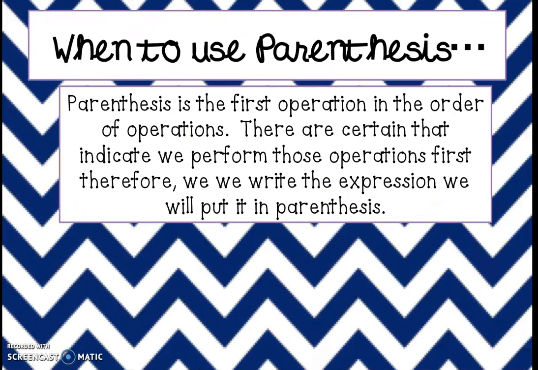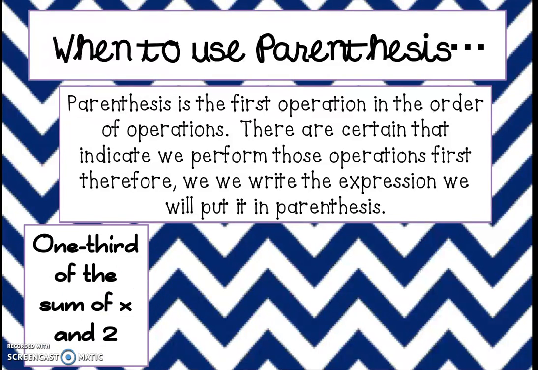Okay. There's a couple words that tell us when we're going to use some parentheses. And we use those parentheses because it is the first in the order of operations. So we use certain words that tell us, hey, in your equation, put this first and then do the rest. So answer words like the word sum tell us we're going to use parentheses.